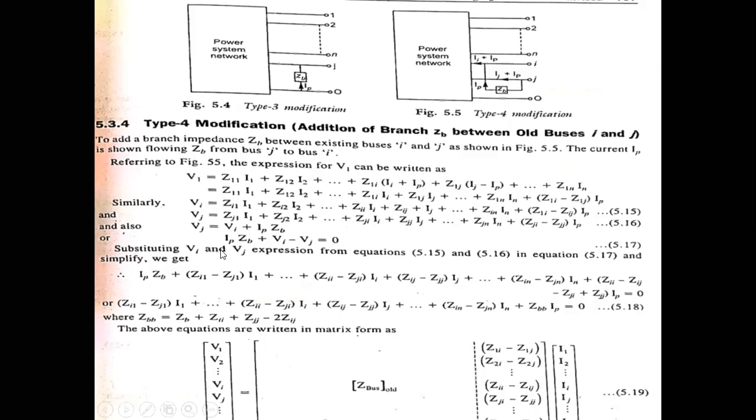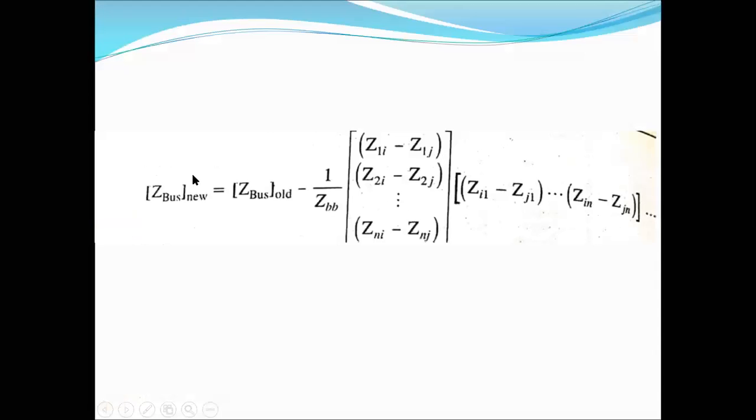Then we obtain VI, VJ, and by solving this equation we form the matrix: V1, V2, and so on, VI, VJ, equals the Z bus old with columns Z1I minus Z1J, Z2I minus Z2J, and so on, times I1, I2, and so on, II, IJ, IX.